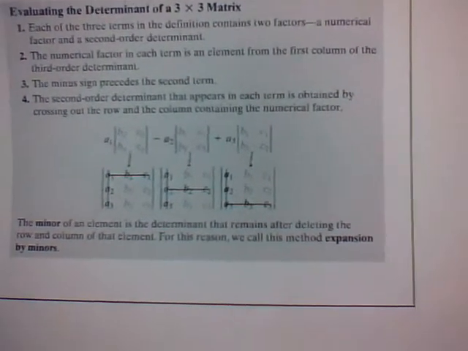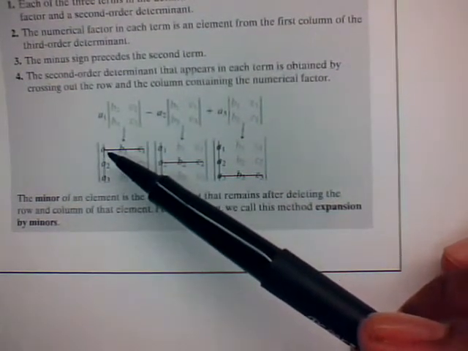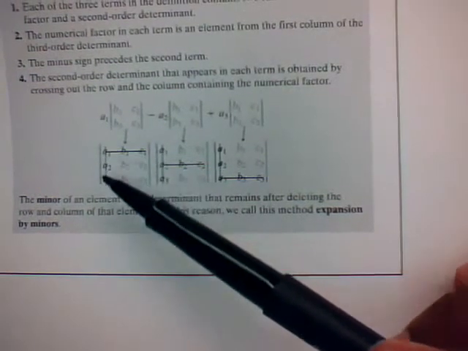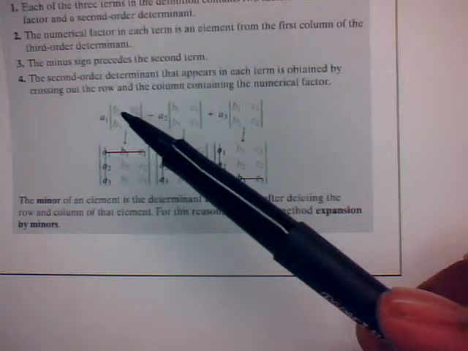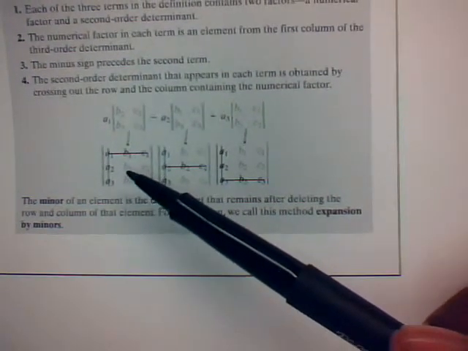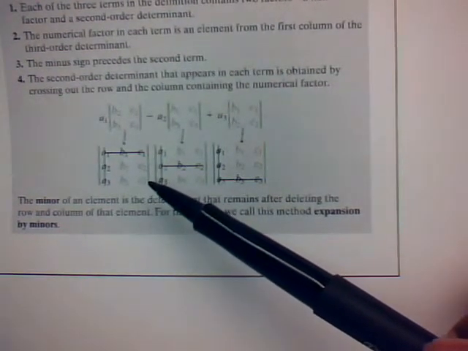In this case here, A sub 1 is in the first row, first column. I'm crossing out the first row and the first column. And this comes from what's left, which is B2, C2, B3, C3.